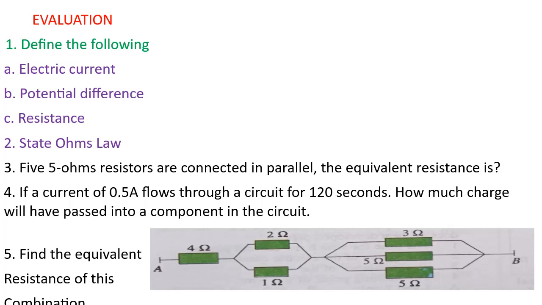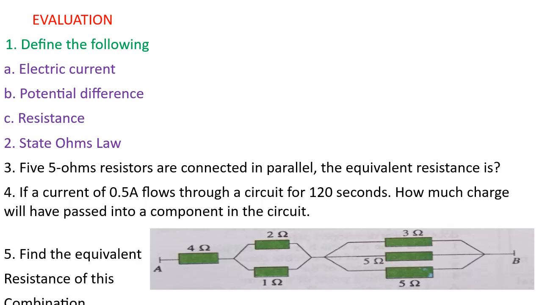Number 3 is calculation. I would like you to calculate the following. Find the equivalent resistance when 5 ohms resistors are connected in parallel. Number 4.